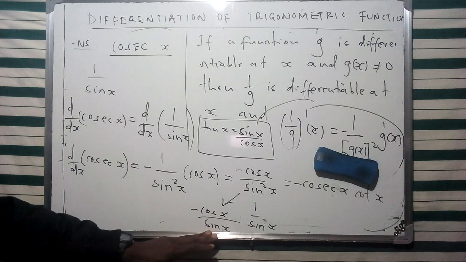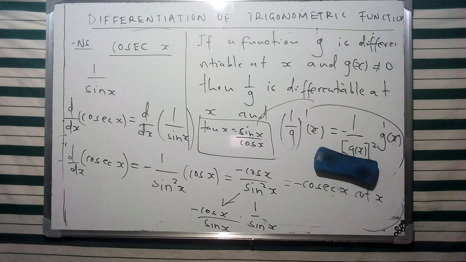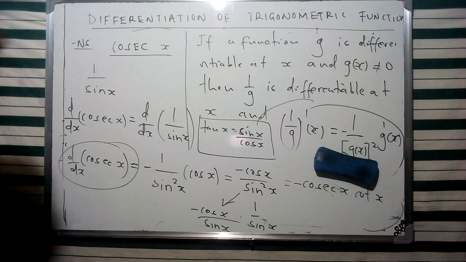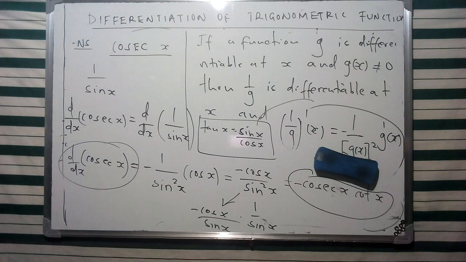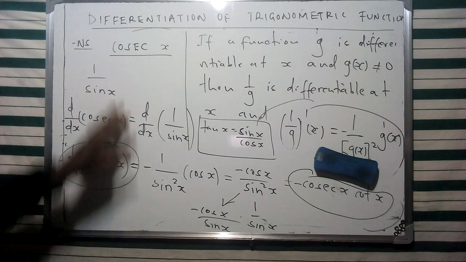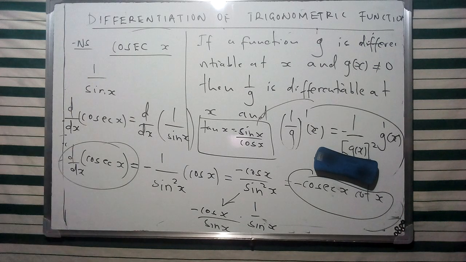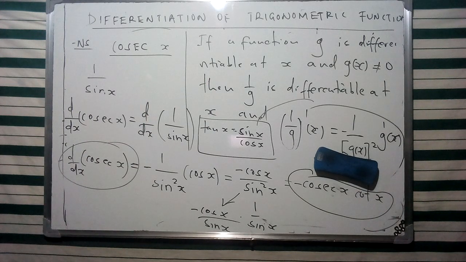The cosine over the sine is the inverted form of tan, which is cot x. So the derivative of cosec x is negative cosec x cot x, in that specific order. This is how we find the derivative of this function by employing the reciprocal rule, as I've already done.